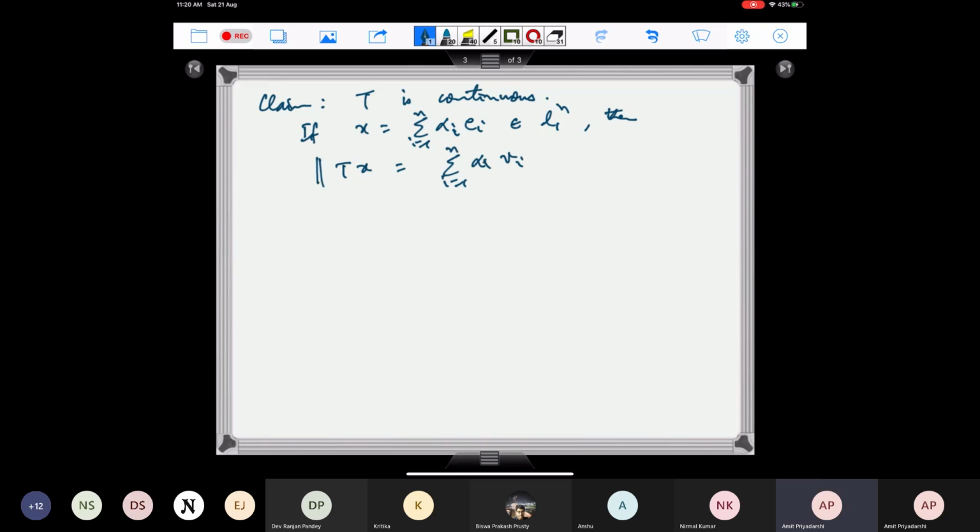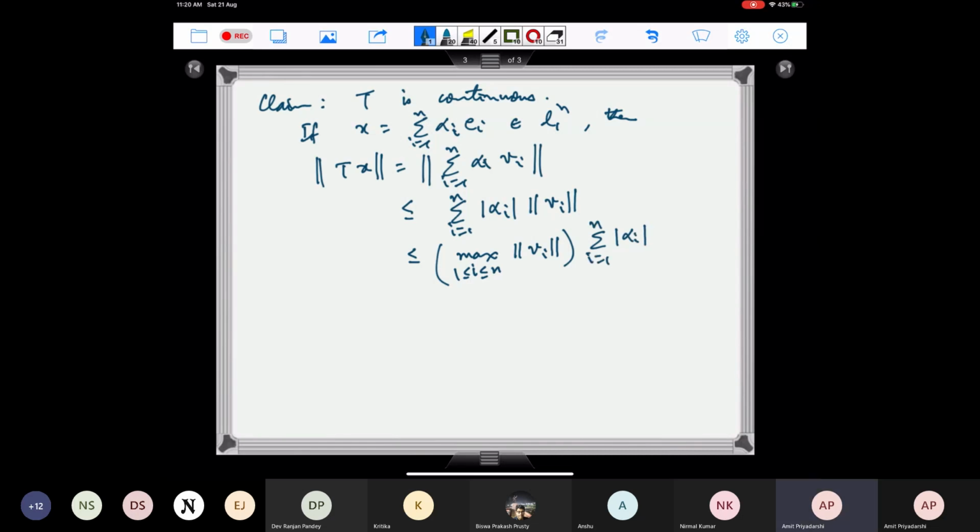So the norm of T of x, by triangle inequality, is less than or equal to summation i equal to 1 to n mod alpha i times norm of vi, which is less than or equal to the maximum of norm vi, i varying from 1 to n, a constant, times summation of mod alpha i.